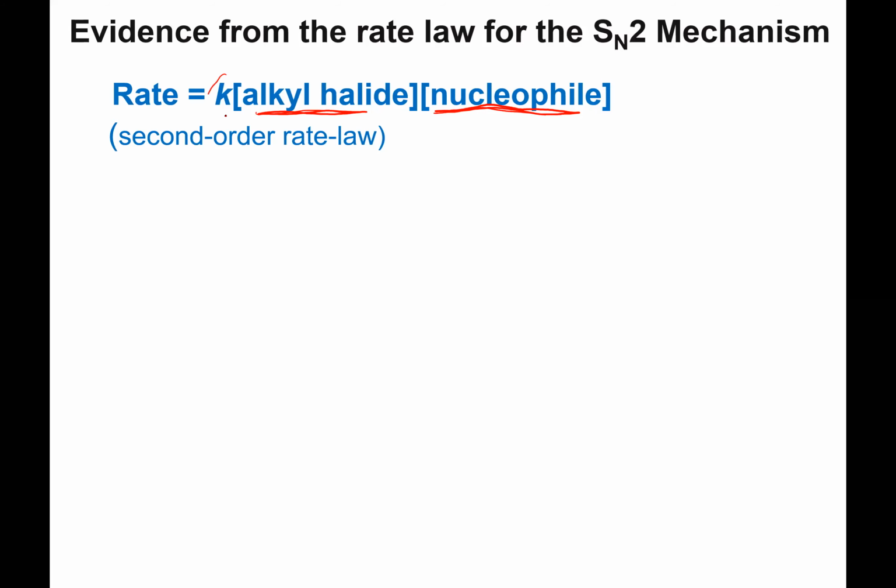This is a rate constant, the constant for the reaction under the given set of conditions. It means if you double the alkyl halide concentration, the rate doubles. If you double the nucleophile concentration, the rate doubles. If you double both at the same time, the rate will go up by 2 times 2, or 4. So that's a second order reaction.